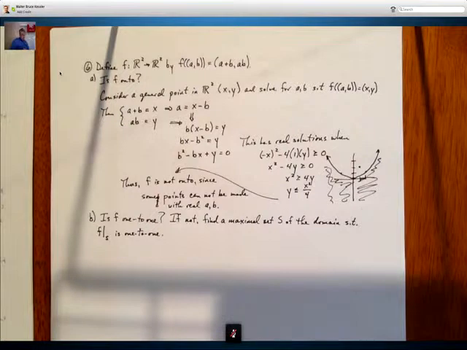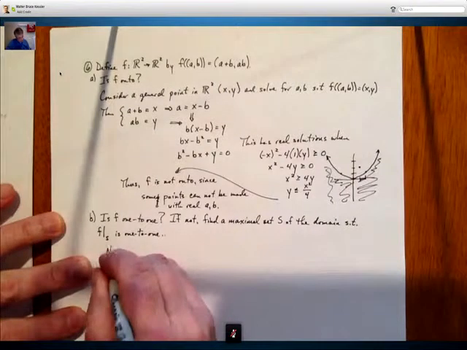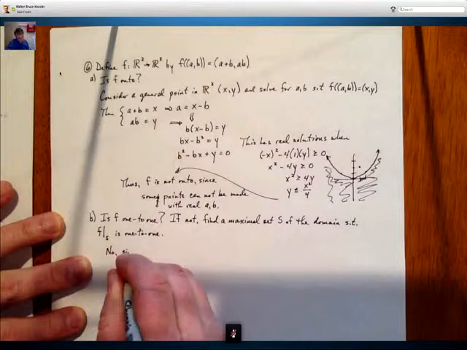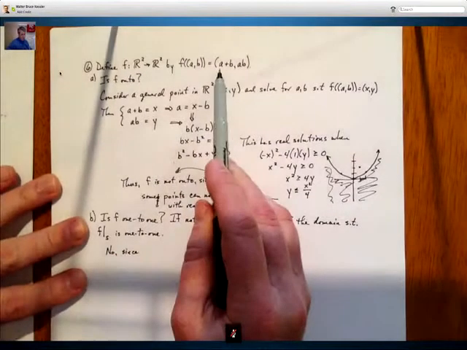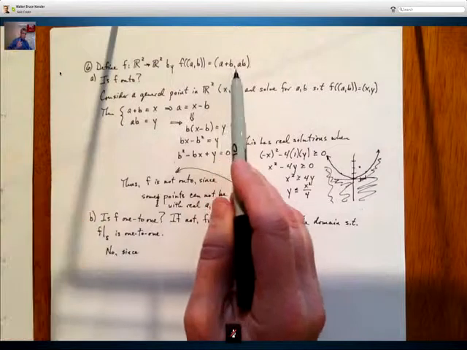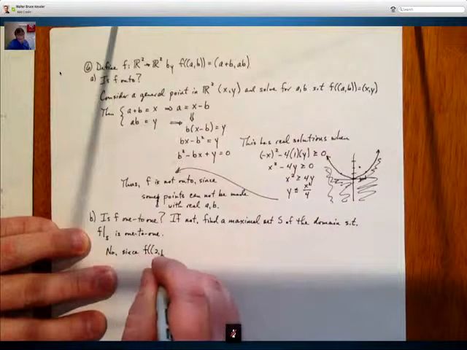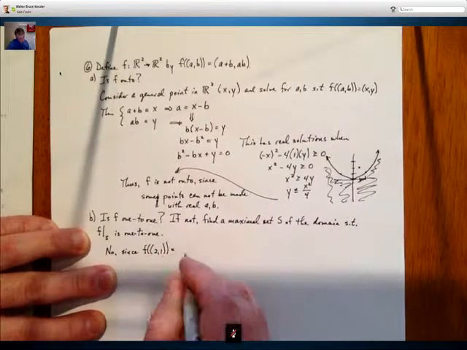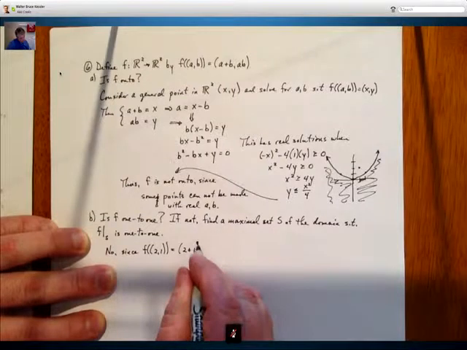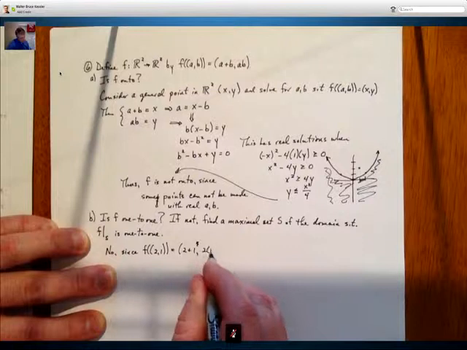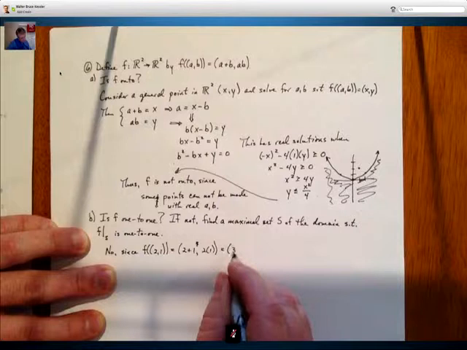Okay. Now, is it 1-to-1? Well, this one is a little obvious. No. Since, and you can choose anything, but you got to look here and realize that addition is commutative, multiplication is commutative, so f of 2, 1, for example, would give us 2 plus 1 and 2 times 1, which is 3, 2.